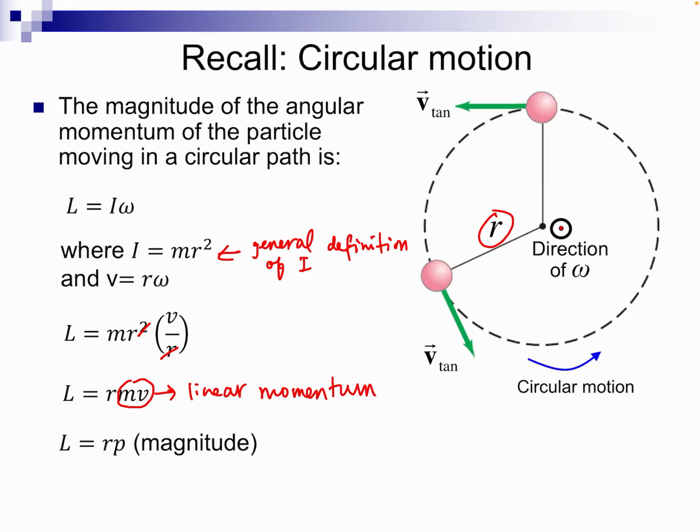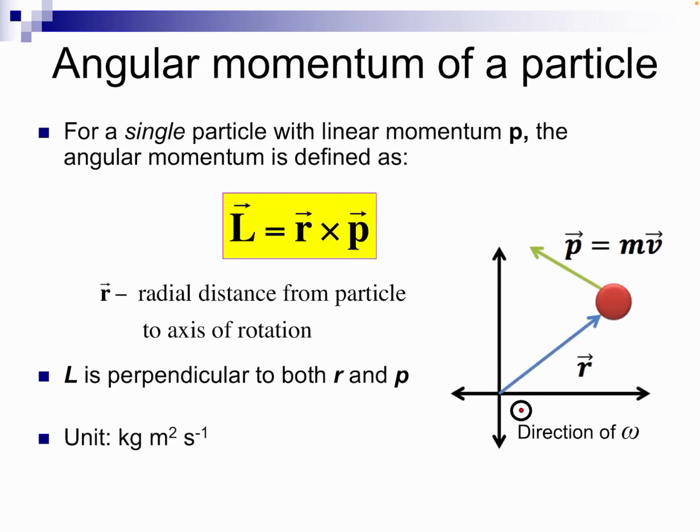But angular momentum is a vector, right? We learned this yesterday. So in vector form, the angular momentum of the particle undergoing circular motion is the cross product of the radius of the circular path and the linear momentum of the particle. Let's define the variables there. r is the radial distance from the particle to the axis of rotation.